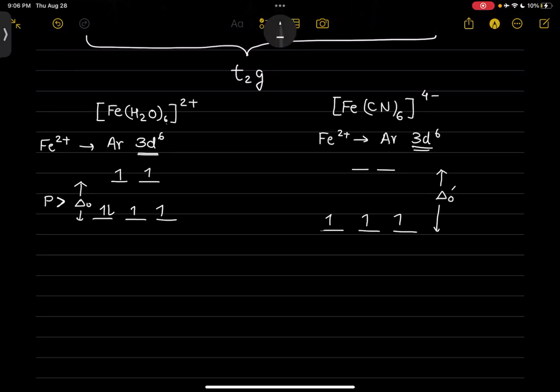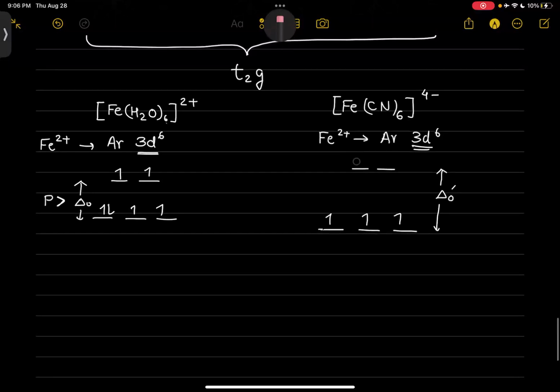Yes. Now look at this complex, the right one. CN minus is strong, again the gap is higher. So 3 electrons I have already put. The 4th electron, why will I not put it at the higher energy? Because the gap is too large. So the electron will be at the lower level.